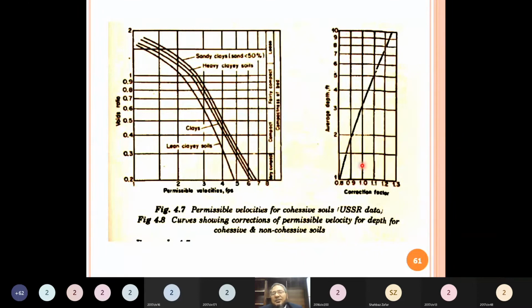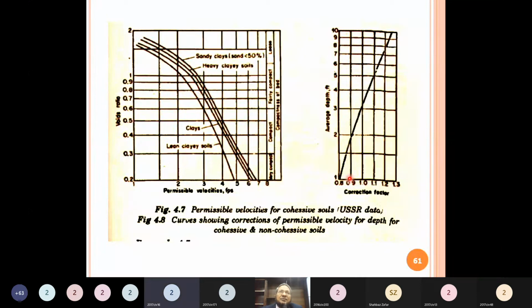And this is the one correction factor. At what depth is it? 3.25 feet. So we don't need to apply any correction factor because the value of the correction factor is 1. But if I want to keep, let's say, 2 feet depth of flow, the correction factor would be 0.9.